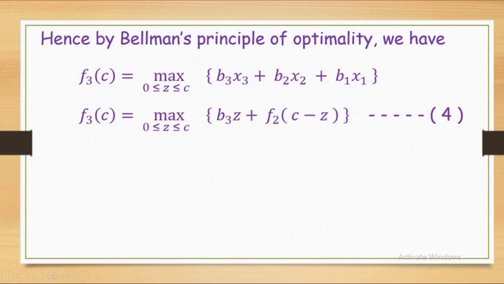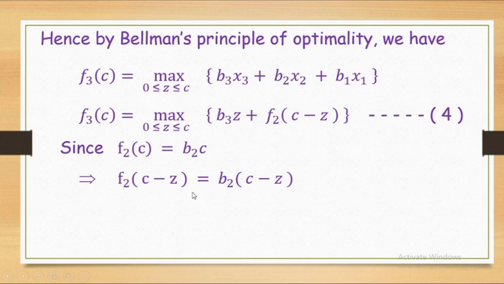Equation number 4. Since f2 of c is equal to b2c, that implies f2 of c minus z is equal to b2 of c minus z. Then we put this value in equation number 4.